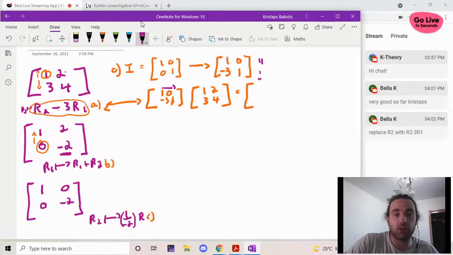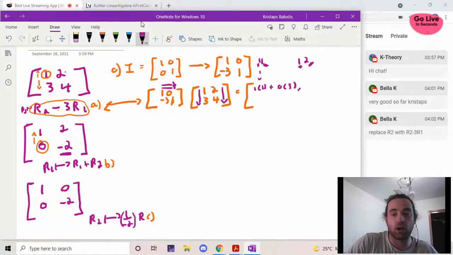So I'm going to multiply across the first row, and I'm going to multiply down the first column. So matching those up, this becomes 1 times 1 plus 0 times 3. And then for the 1, 2 entry, again, I'm going to multiply across the first row, but now I'm going to multiply down the second column. So this becomes 1 times 2 plus 0 times 4.